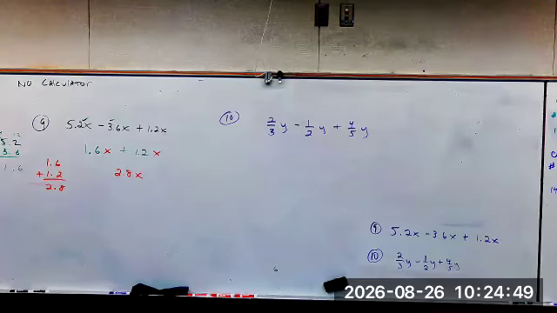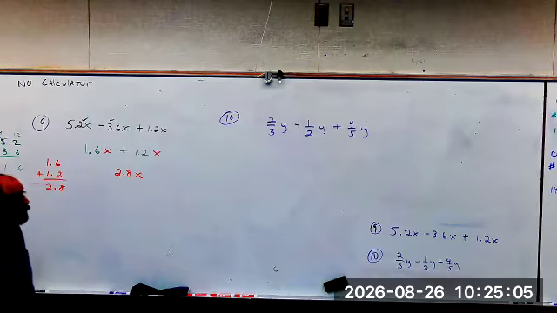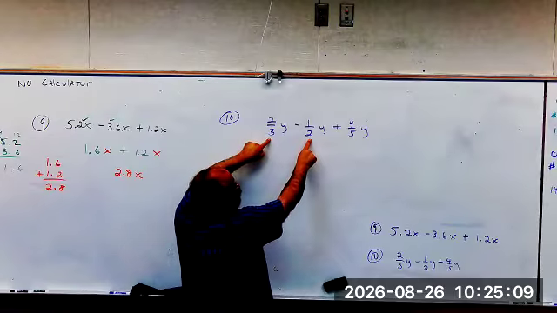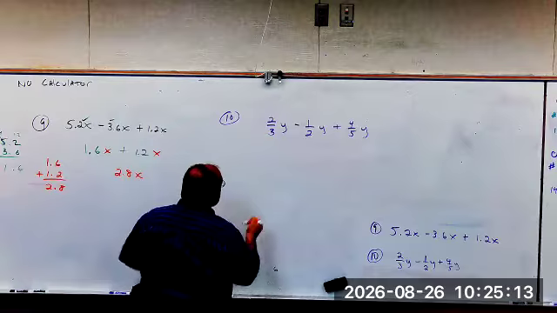I have 2/3 of some y value minus 1/2 of the y value plus 4/5 of the y value. Well, I've got fractions. First thing, common denominator. I'm adding, subtracting fractions. First thing, common denominator. So for a 2 and a 3, what's the first number that 2 and 3 both go into? That would be a 6.